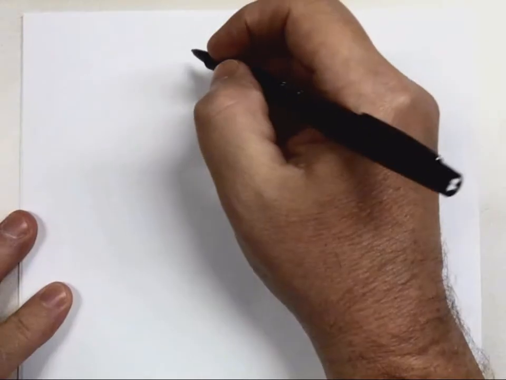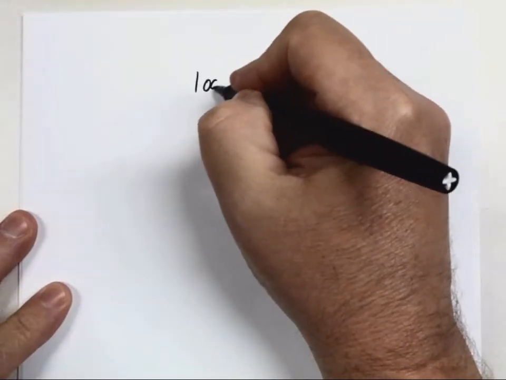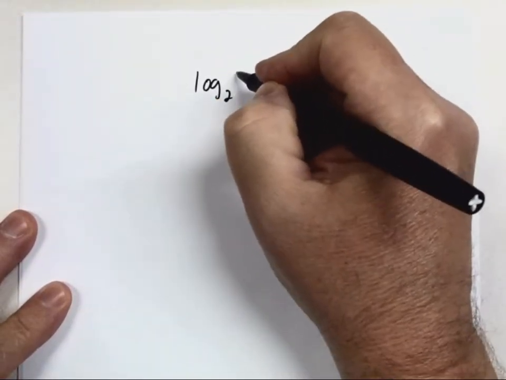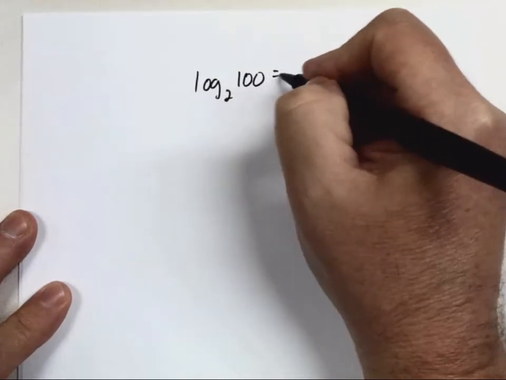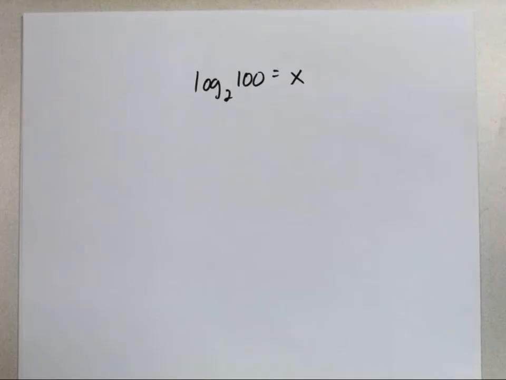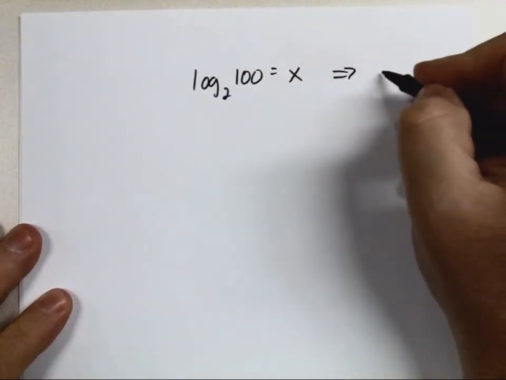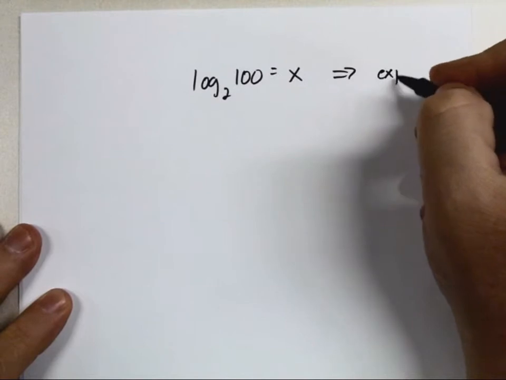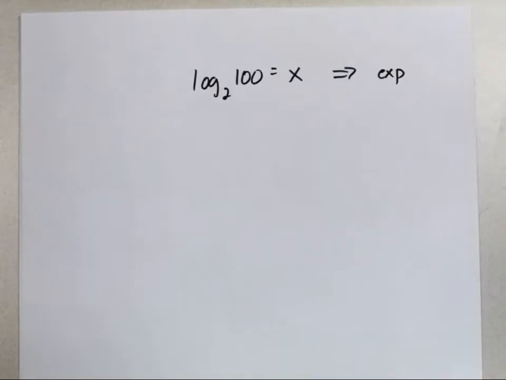So let's say we had log base 2 of 100 equals x. I want to take this log equation and rewrite it as an exponential equation.